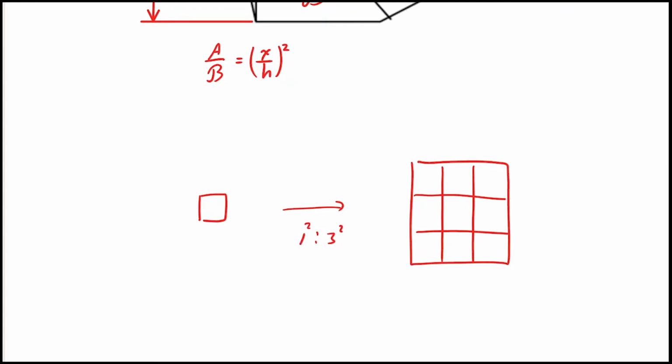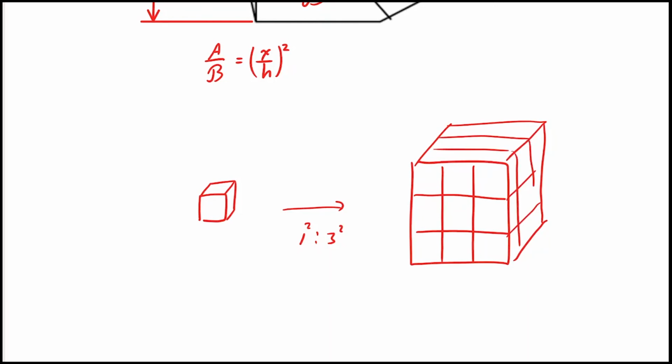Because we are extending it in both the x and y direction. What happens if this is a 3D shape while we are at it, like a Rubik's Cube? Now it has to be 1 cube to 3 cube. If they are similar shapes, then it has to be that ratio. That's a little bit about scale factor.